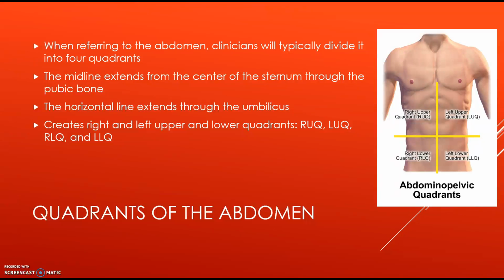So you have the right upper quadrant, the left upper quadrant, right lower quadrant, and left lower quadrant. The dividing midline extends from the center of the sternum through the pubic bone, and then the horizontal line extends through the umbilicus, and that's what separates each of the quadrants.